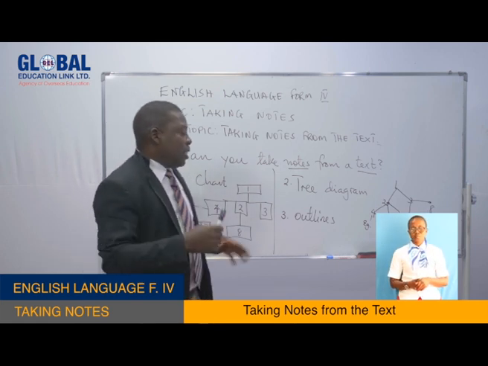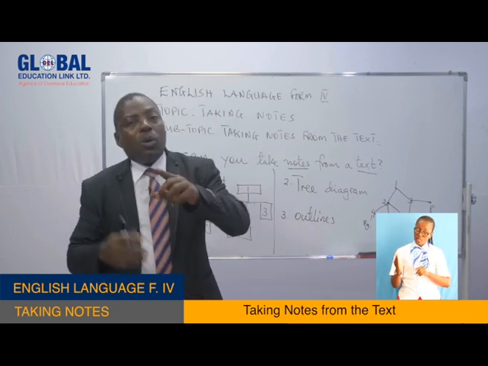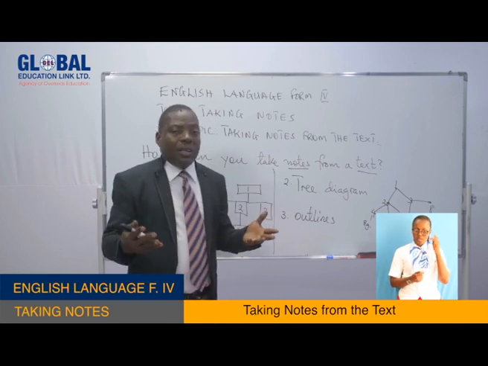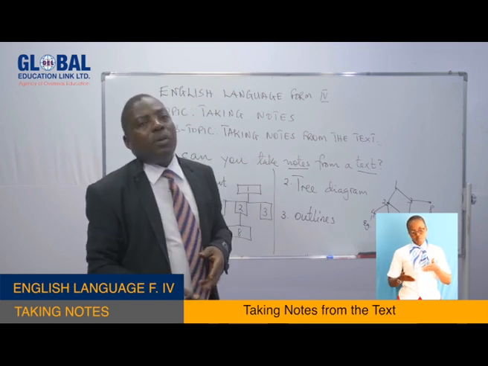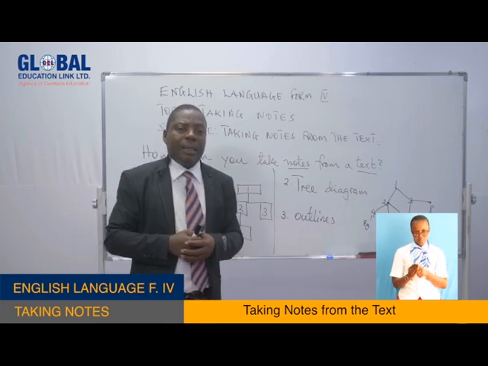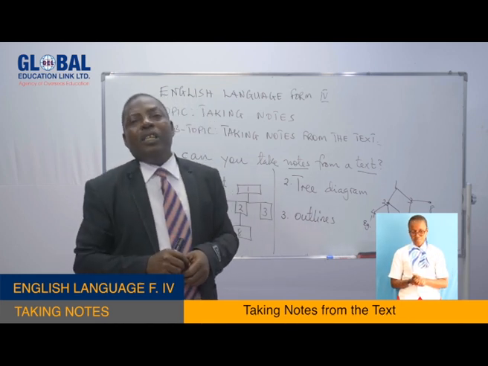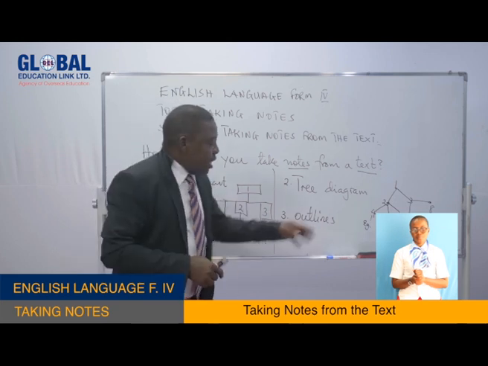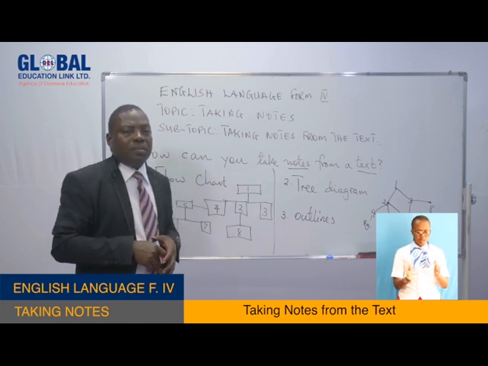But make sure you list them in such a way that you'll be able to remember them. As you're listing, you can decide to use bullets, numerals, numbers, and any other form of listing elements. This is how you can organize your notes.